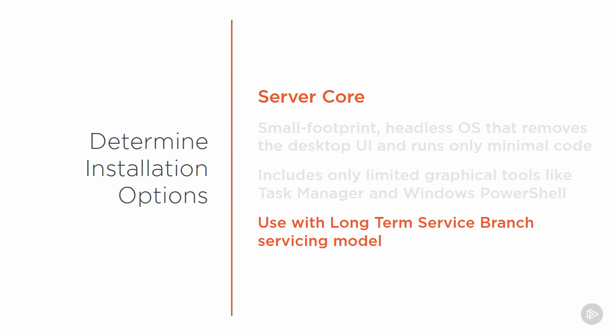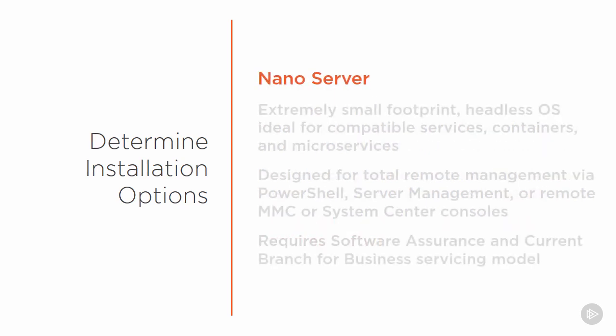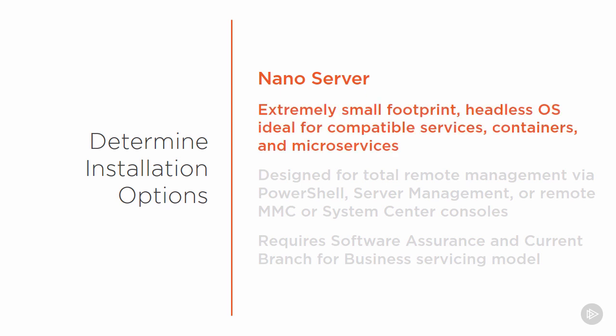Now, whereas Server Core is indeed a small footprint and headless OS, it is no longer Microsoft's smallest footprint and most headless OS. That recognition goes to Nano Server, which, as you can see here, is an extremely small footprint headless OS that's ideal for compatible services, containers, and microservices.